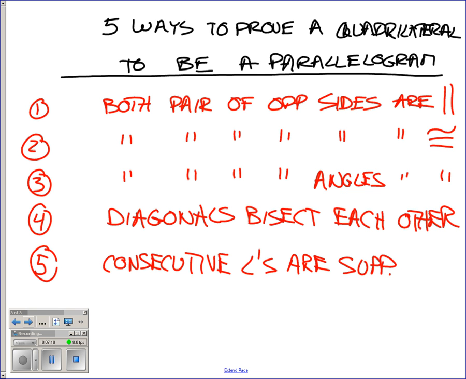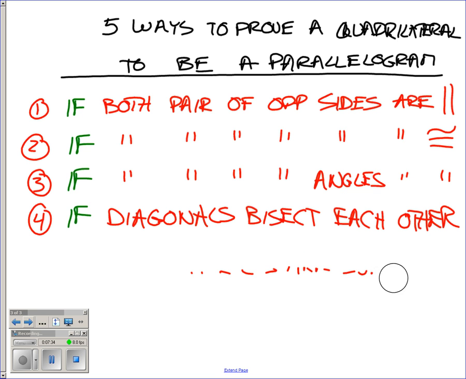In fact, I'm just going to put the ifs back in. If, and if. The first 4 are proving a quadrilateral to be a parallelogram with the if that happens. But the last one doesn't work. So here's where we have to change it and say, if this quadrilateral, it can't just be the consecutive angles. So we have a different one.